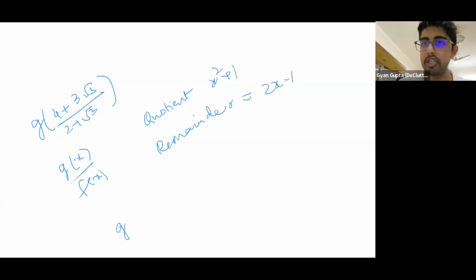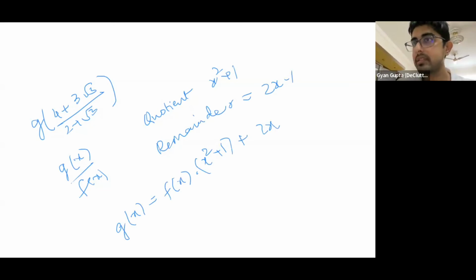We can write g of x as f of x into x square plus 1 plus 2x plus 1, which is the remainder.